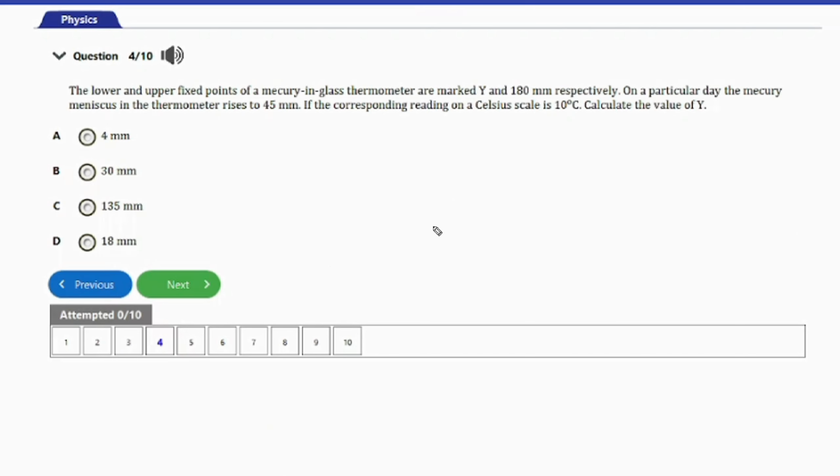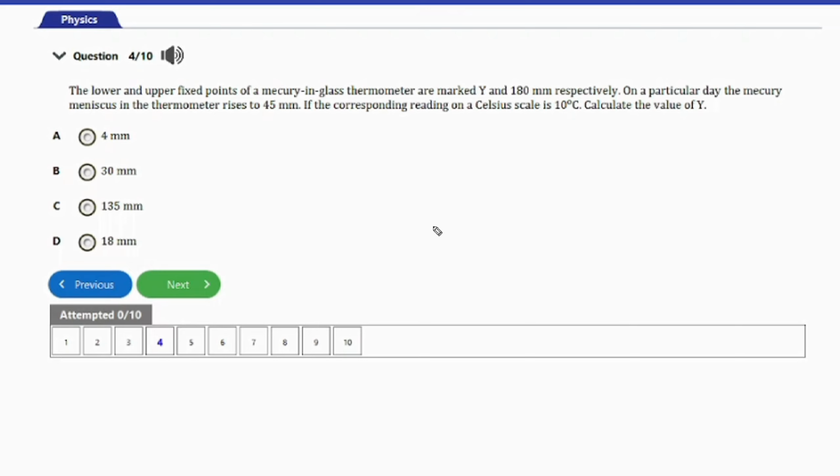It says, the lower and upper fixed points of a mercury in glass thermometer are marked Y and 180 mm respectively. On a particular day, the mercury in the thermometer rises to 45 millimeters if the corresponding reading on a Celsius scale is 10 degrees Celsius.